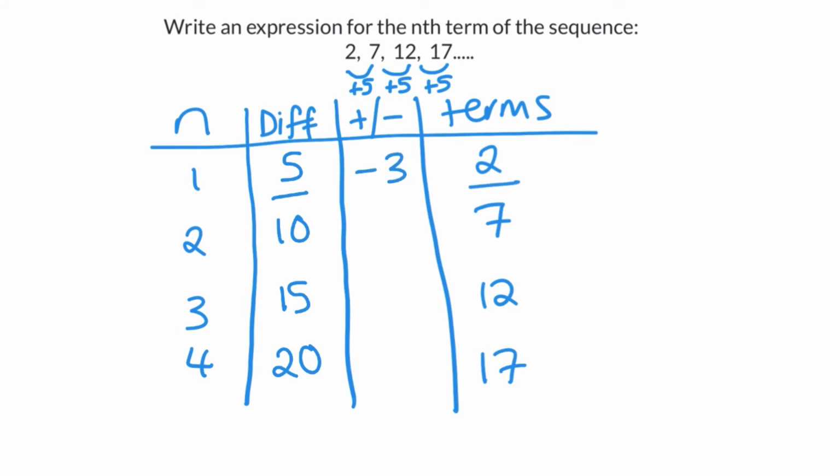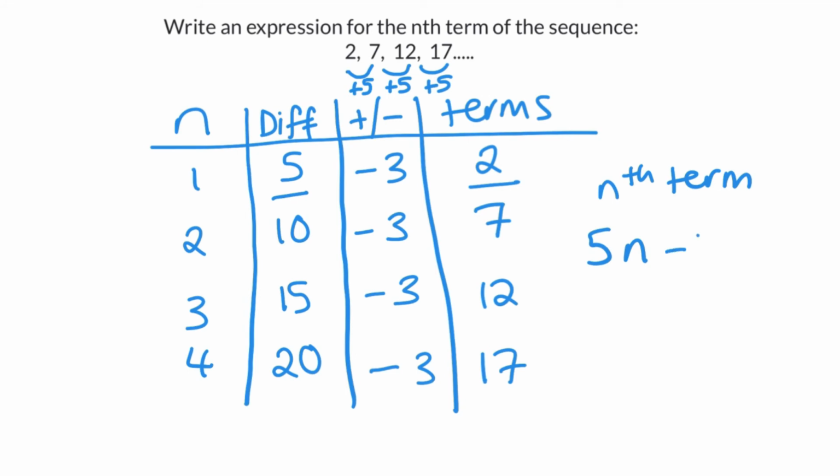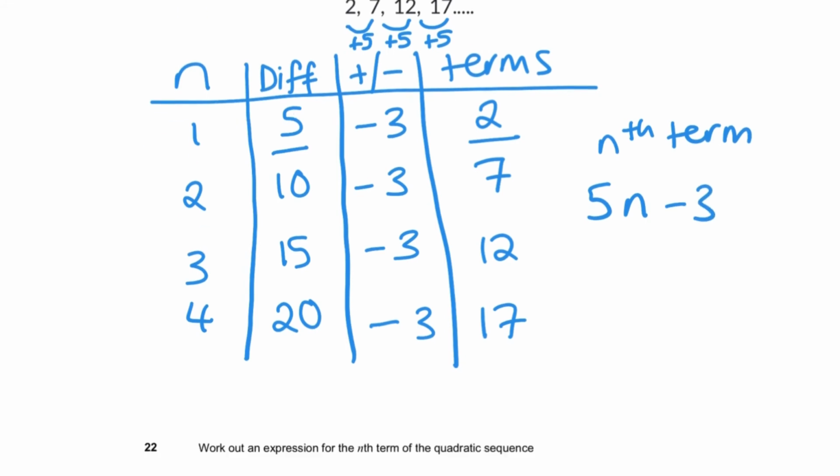To get from 10 to 7, we take away 3. To get from 15 to 12, we take away 3. To get from 20 to 17, we take away 3. So this column, all the numbers should be the same. So for our nth term, we're going to write what we've done to the n numbers. So we've taken our term number, we've timesed it by 5, and then we've minus 3. So this is the expression for the nth term of the sequence.